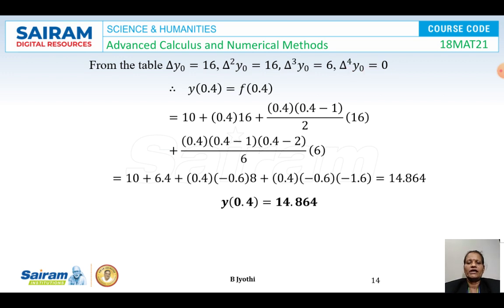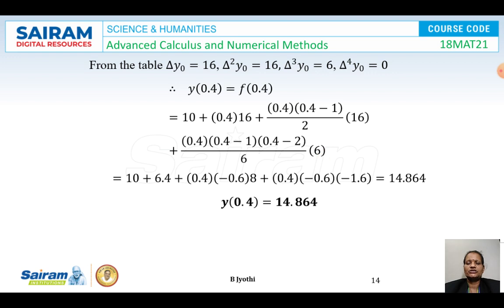Therefore y of 0.4 is f of 0.4, which is given by 10 plus 0.4 into 16 plus 0.4 into 0.4 minus 1 by 2 into 16 plus 0.4 into 0.4 minus 1 into 0.4 minus 2 divided by 6 into 6.